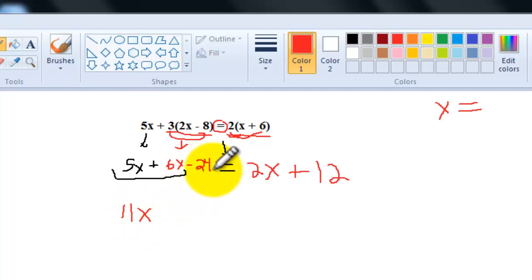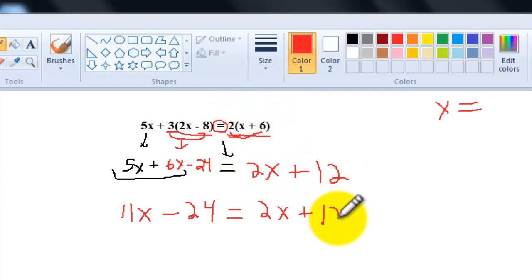This is just minus 24, it hasn't gone anywhere, it's not doing anything. And our equal sign, and the rest of our problem still hasn't changed. We don't want to factor out because we just got through this is factoring out, so if we factored out here, we'd end up right back here. So let's not go that way.